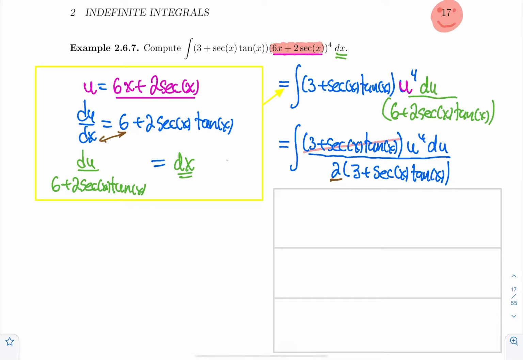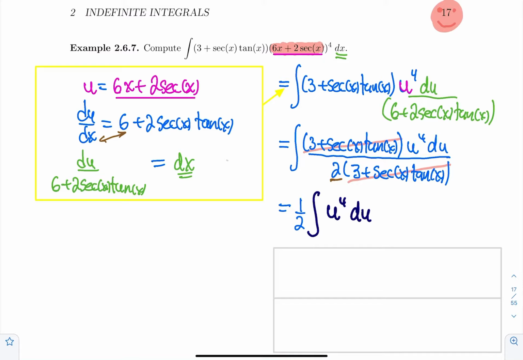This term and this term cancel perfectly. There's a 1/2 that I can kick outside, so now I get the simpler integral of u to the 4.